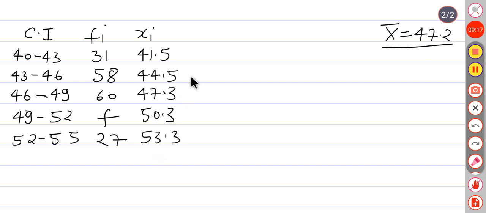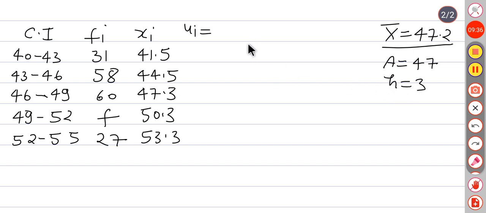Now let us find out ui. Here I am taking a as 47.5 and h as 3.